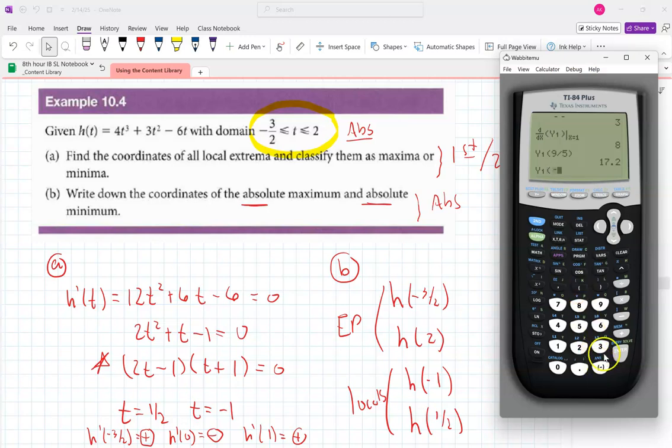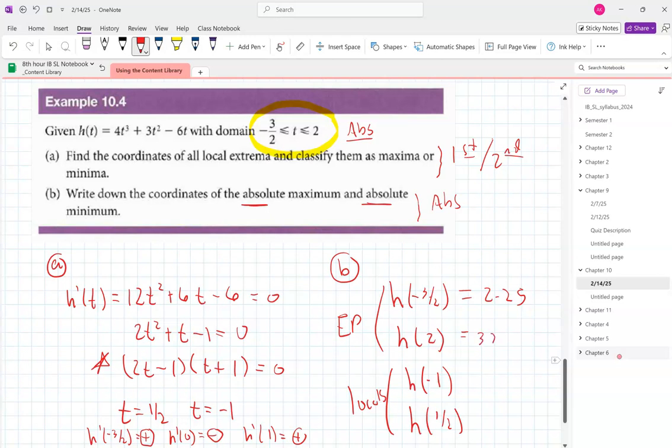So I'm just going to do y1 of, so I don't have to type this into the formula a bunch of times.